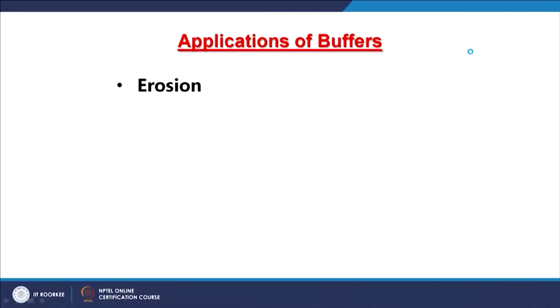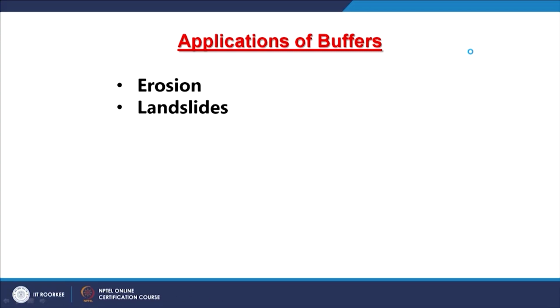So we have already discussed some applications of buffers, but for completeness we will go one by one. For soil erosion studies, buffers are very useful, or any other type of erosional studies, buffers can be generated and the situations can be assessed.